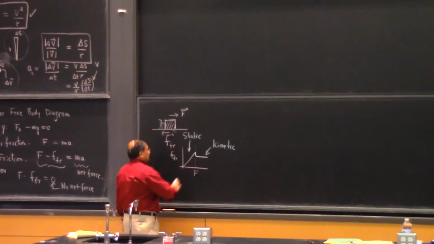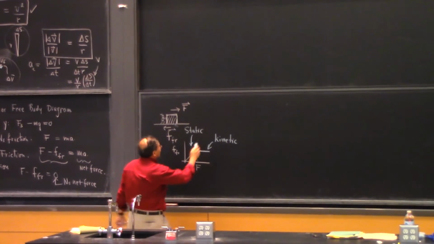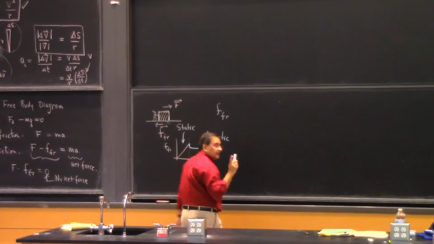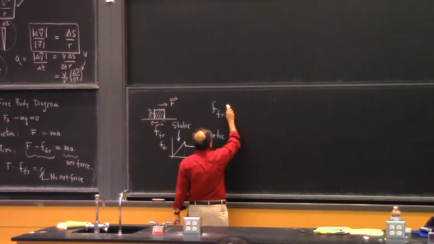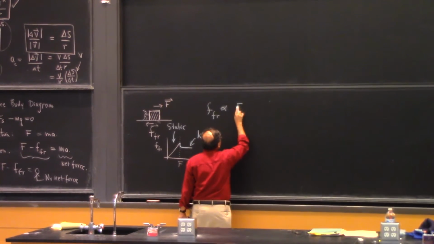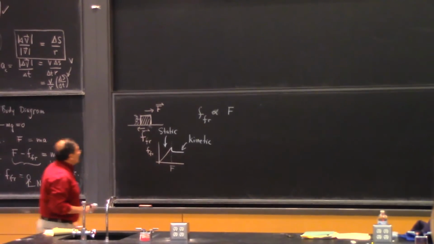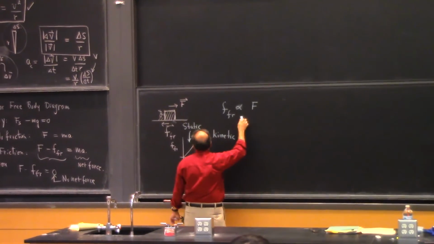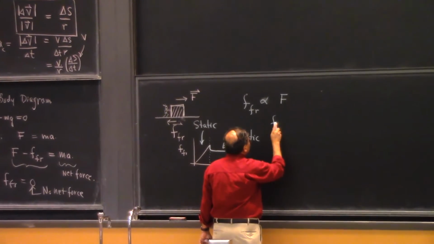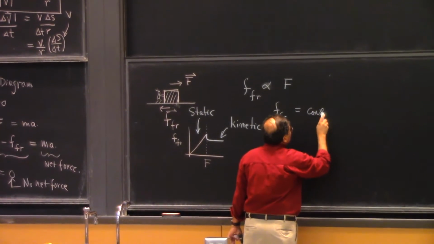So this is a kinetic friction, this is the static friction. The way friction works is that we write a friction in a certain way, and this formula is very important. Basically, we have already seen that friction is proportional to the force that is applied. So whenever you have a proportionality like that, typically it means that you can write friction is some constant times the force.